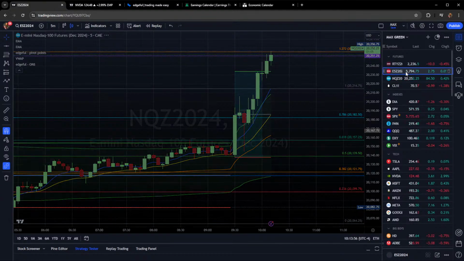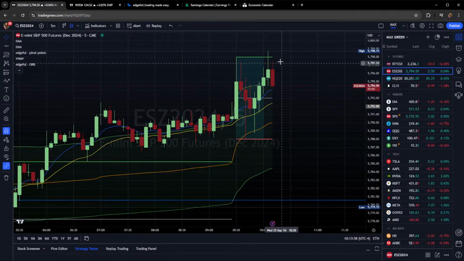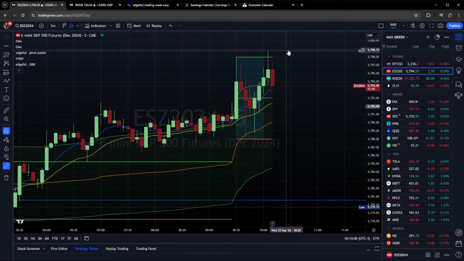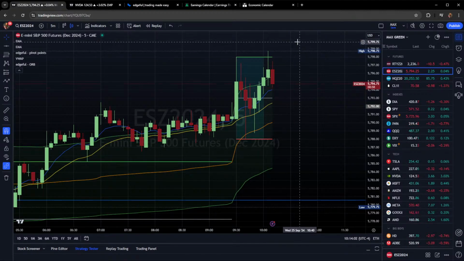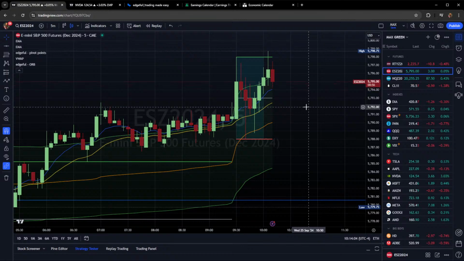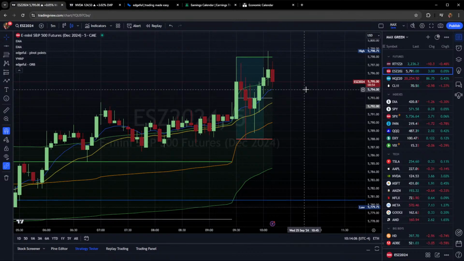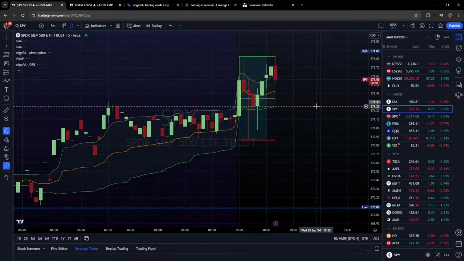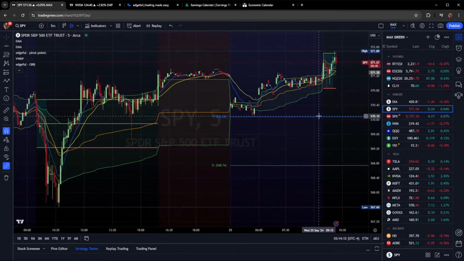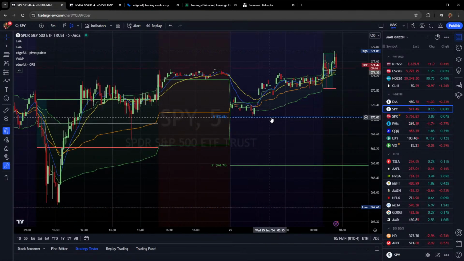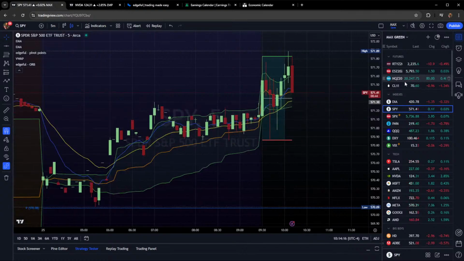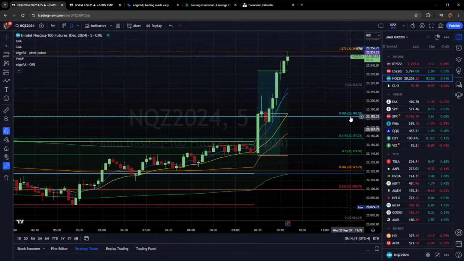What's ES doing? That's promising on ES. Honestly, I don't think ES is going to go any higher, but it could support and hold trend here. IWM is getting smoked.